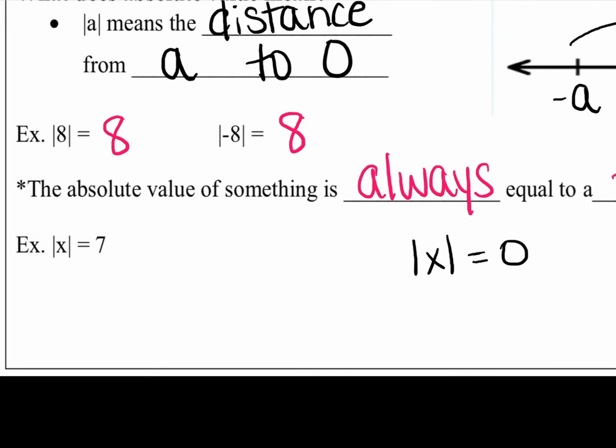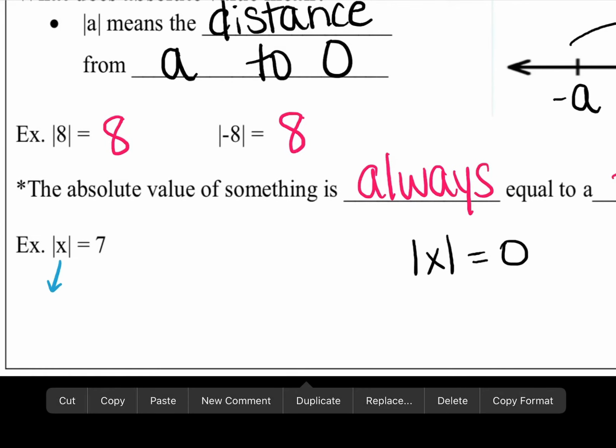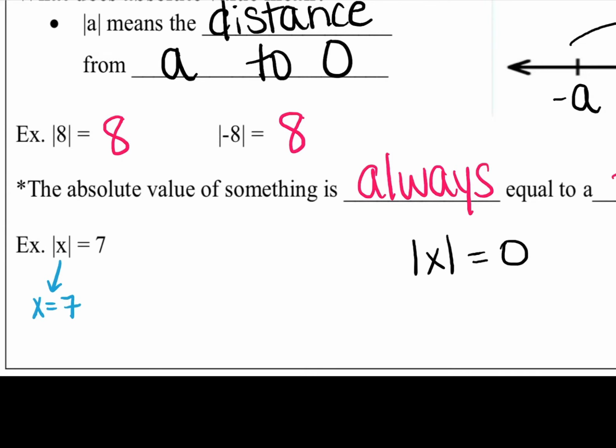Well, inside my absolute value, I could have positive 7, because the absolute value of positive 7 gives me 7. I could also have x equaling negative 7, because the absolute value of negative 7 equals 7. So again, all I'm doing is just substituting what value could I plug in for x inside of my absolute value signs here. Think about your absolute value symbols as like posifying the value that's inside of them.